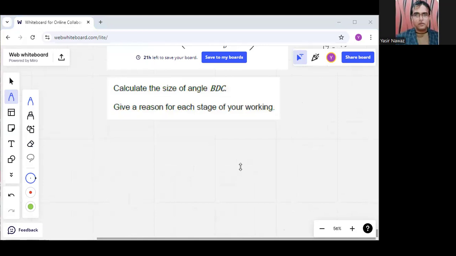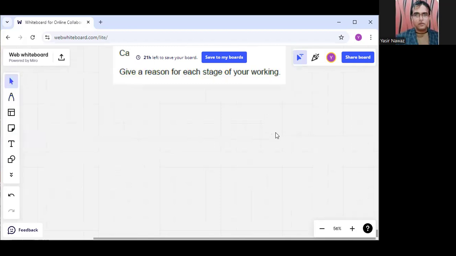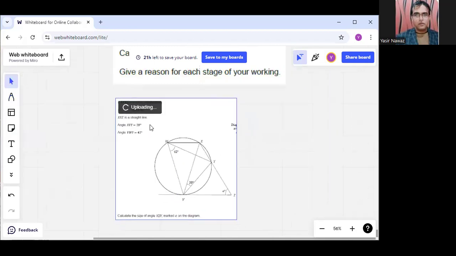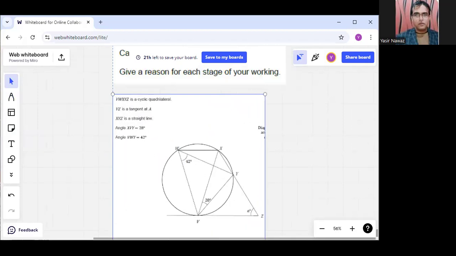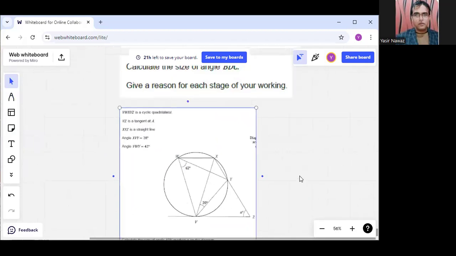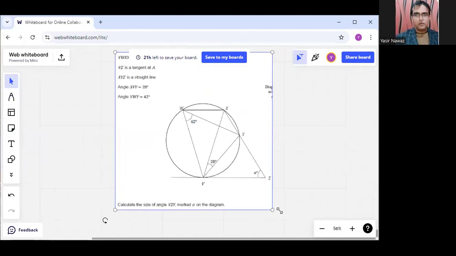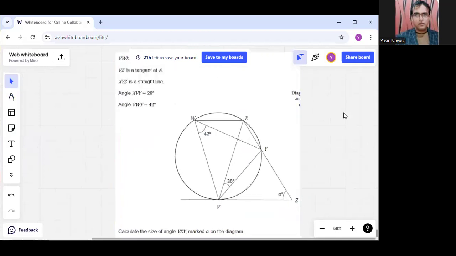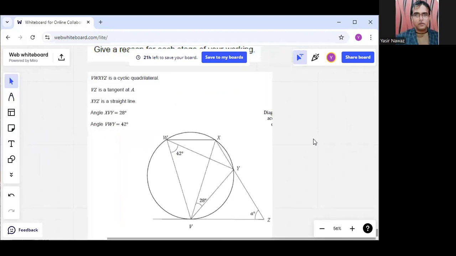So that's done. Then the next question says VWXYZ is a cyclic quadrilateral.